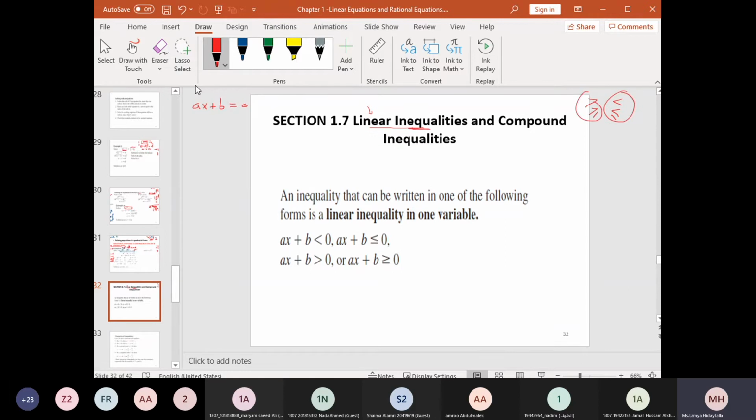It's not an equal here anymore. But it is here this part ax plus b like that. So we will have either ax plus b less than 0 or less than or equal to 0 or this or that. This is the inequality in one variable. Okay, x or u or v or y or whatever.